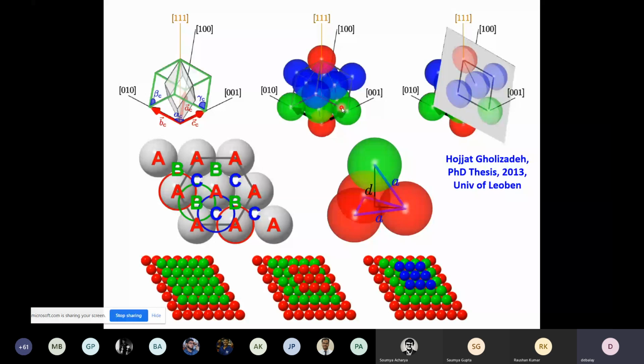On any layer, when you arrange the next layer, you can arrange only one way, because you cannot put atoms in both A and C. They will dislodge each other. They will overlap. So either you have to choose A or you have to choose C. If you choose A, what will be the outcome?